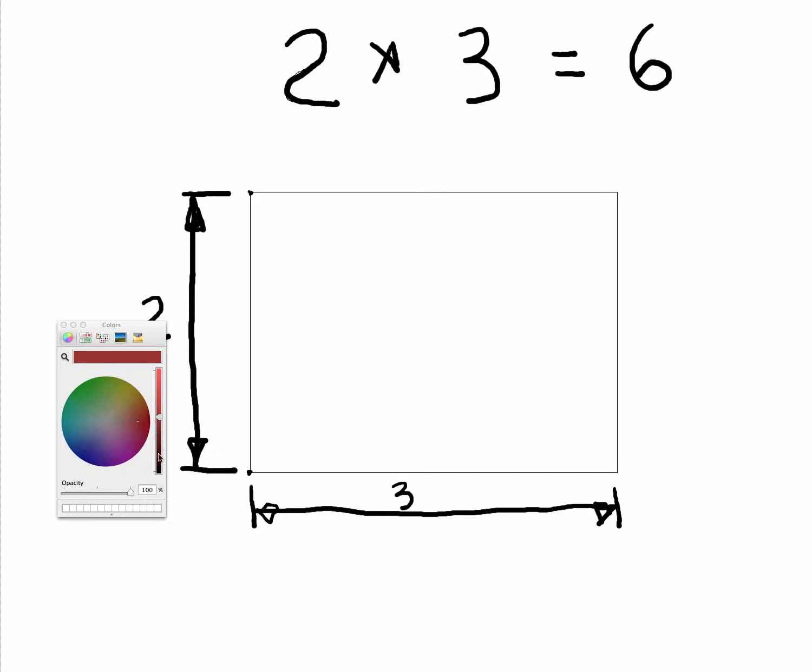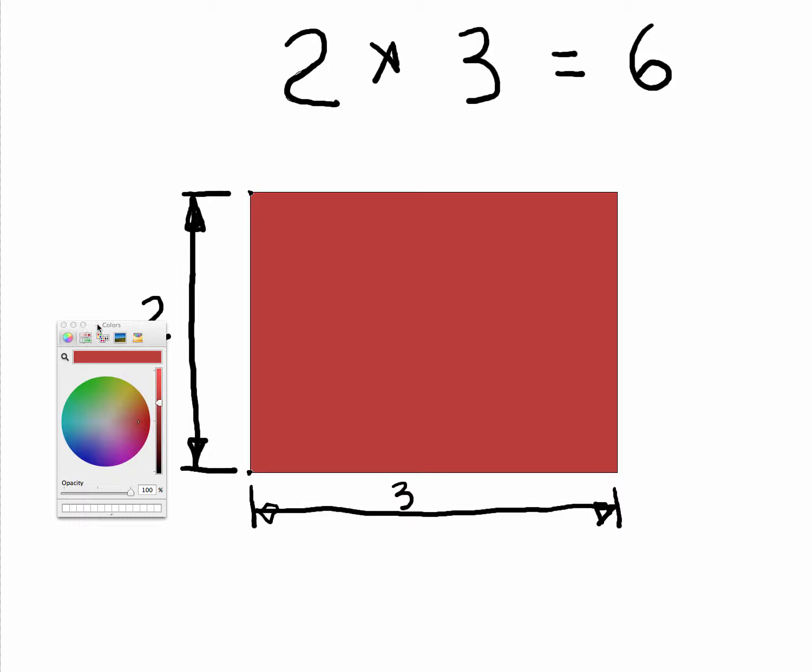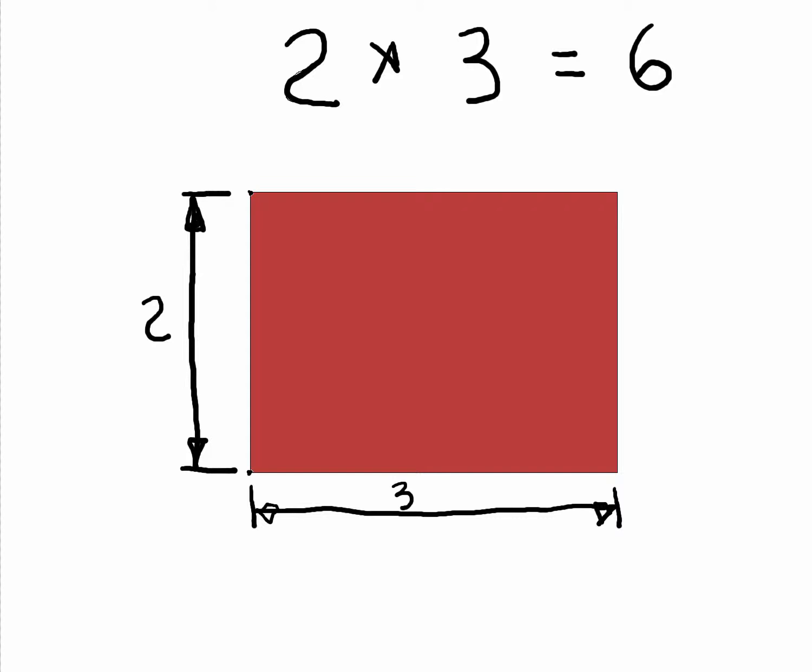This is a very healthy way of thinking about multiplication: whenever you're multiplying two things together, you're finding the area of something. That's how you want to think. So the area of that thing you're looking at right there would be 6.